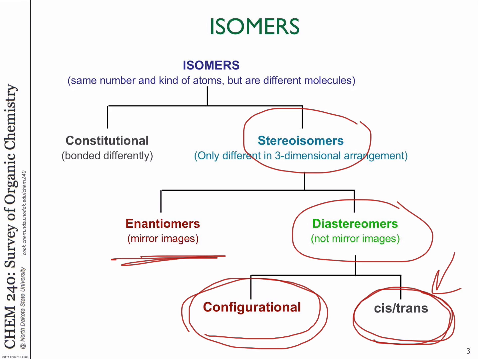They can't be mirror images, but they're different. And so that's what we sort of classify under configurational diastereomers. Those that have two or more stereogenic centers in the molecule where they're not all the opposite. One is changed, but not all of them are changed.